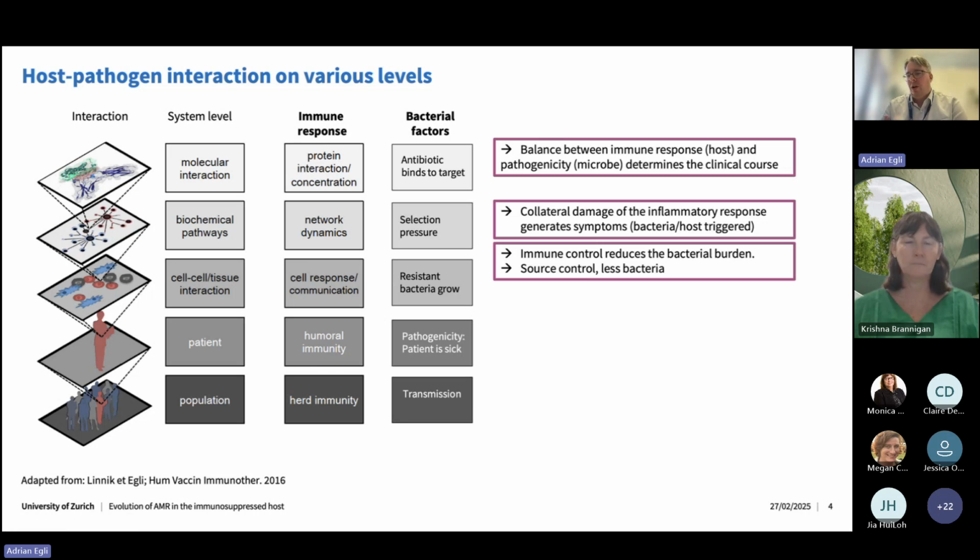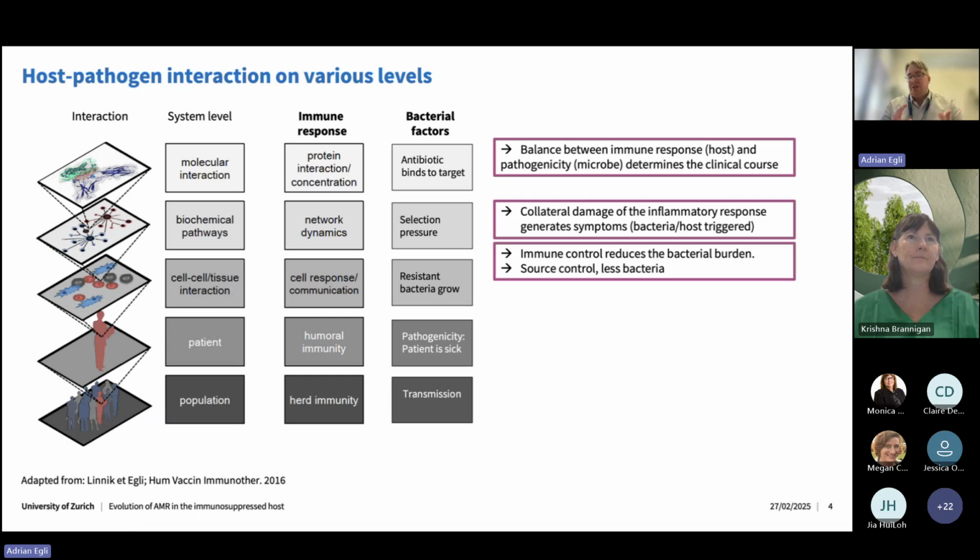So the bacteria alone, as we all know, in an immunosuppressed patient, sometimes the symptoms can be very weak. So it's really the immune response which tells us usually if a patient is sick or not. And then the immune control is very important to reduce the bacterial burden. Source control happens inside the body, and there are less bacteria.